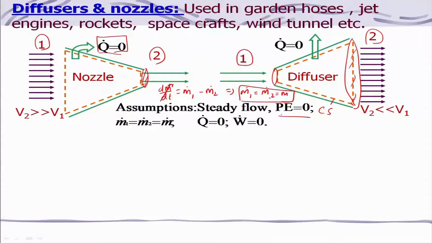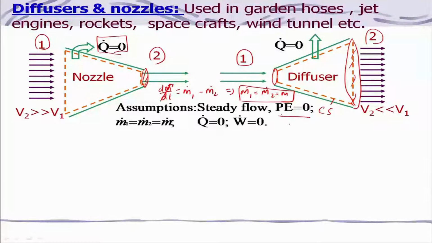And what is that m dot? That is nothing but your mass flow rate. Mass flow rate at 1 is equal to rho 1 A 1 V 1, where rho 1 is the density and A 1 is the cross sectional area.